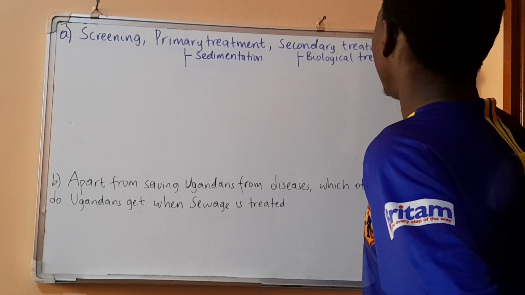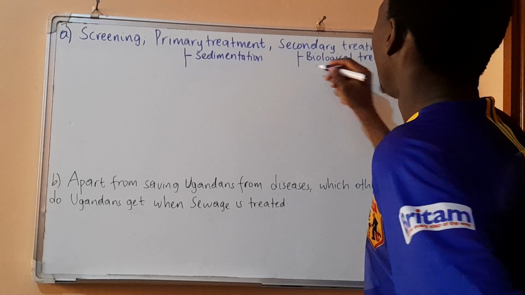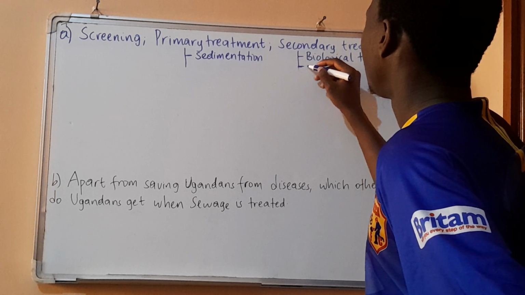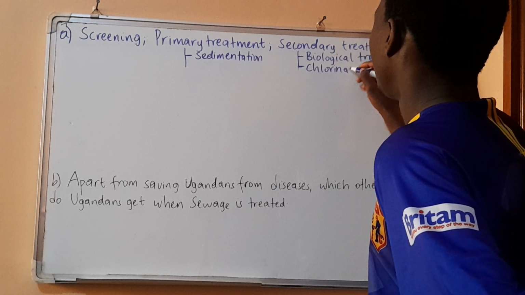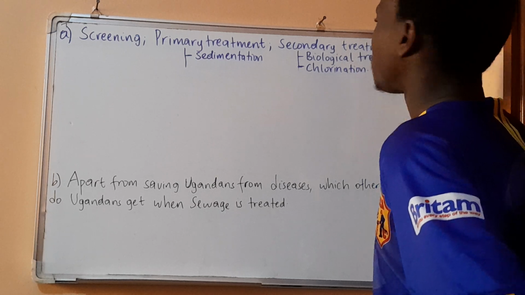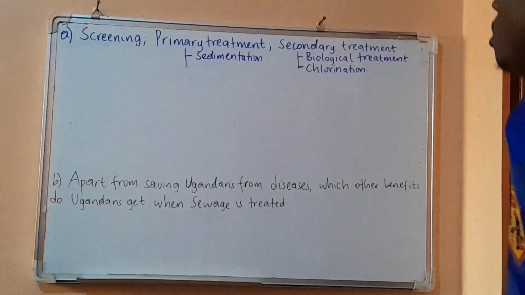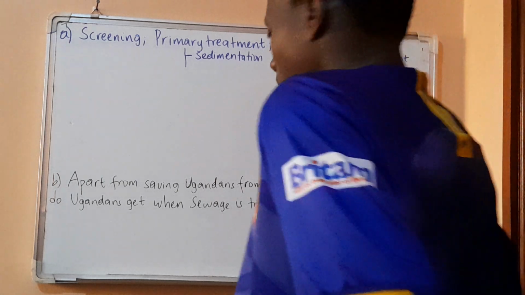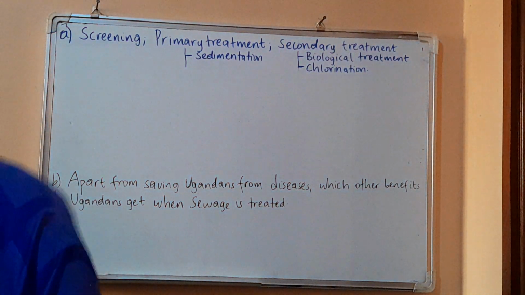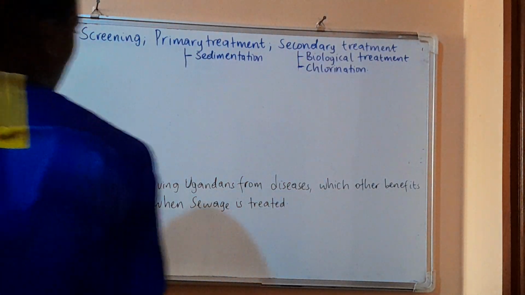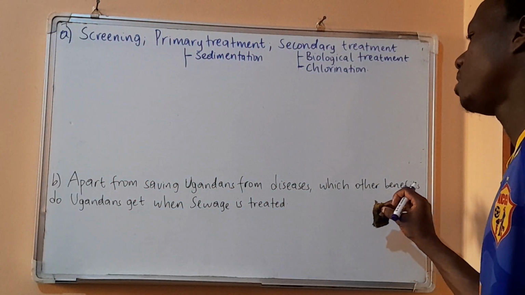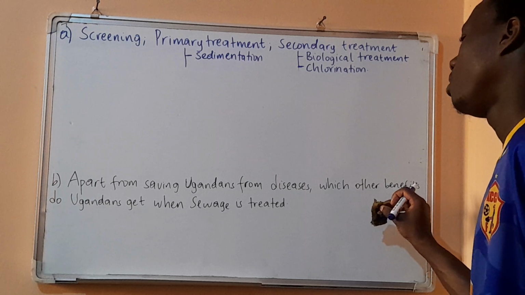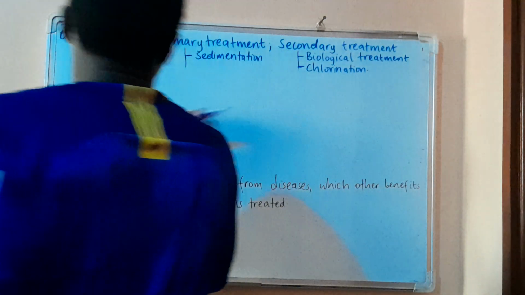Then we shall also have chlorination. We are going to explain them in detail. So I'm going to explain these stages by, you take note of this part B, where we are going to identify benefits of treated sewage.